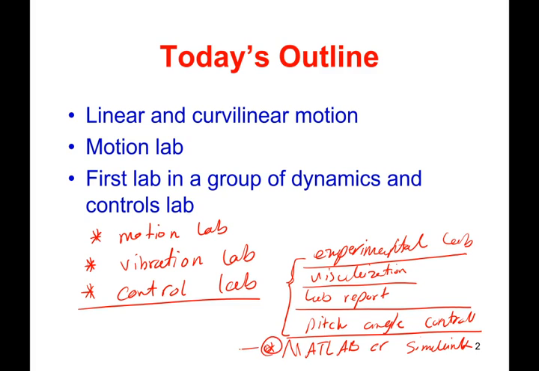Here we will talk a little bit about flight mechanics and the effects of wind gusts and everything, which you have seen in flight and orbital mechanics. But we are going to start with the motion lab, which is the lab that we are focusing on today.